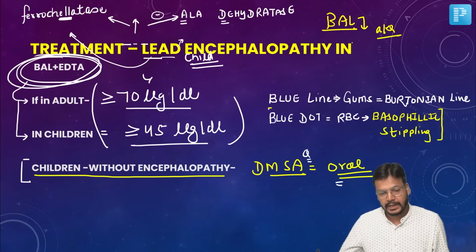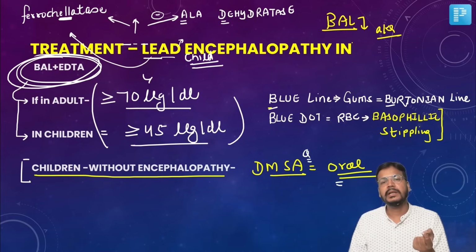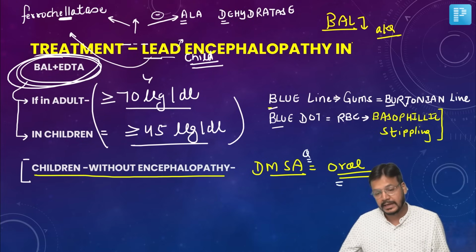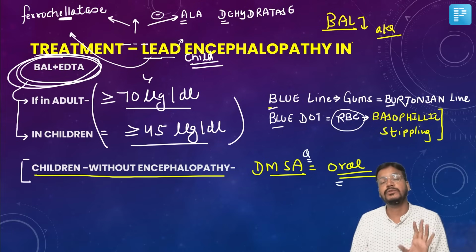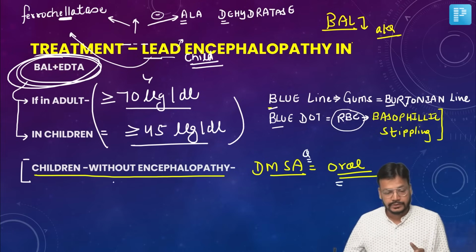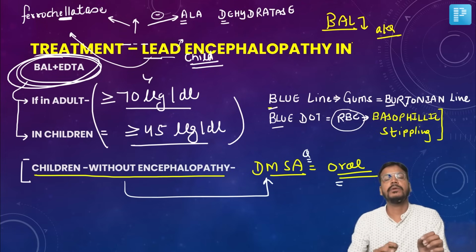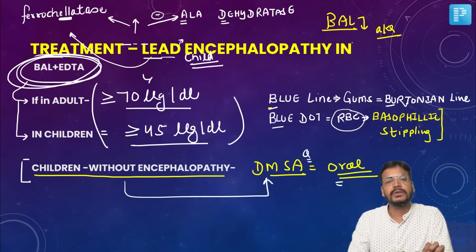See, the blue line in lead is Burtonian line, and blue dots in RBC, not in basophil, is basophilic stippling. Children without encephalopathy, we use DMSA, which is also known as succimer.